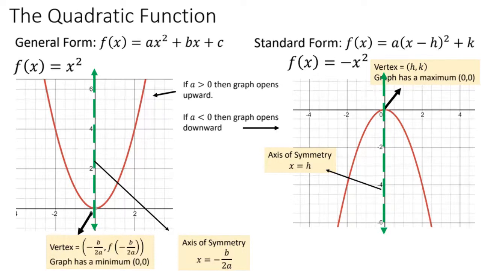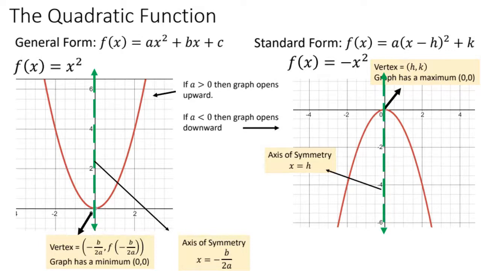So a new item that we haven't studied before is called the axis of symmetry. Okay, so we knew that our quadratics have symmetry, but now we're able to actually define this by an imaginary line.